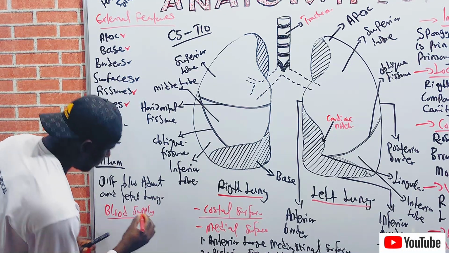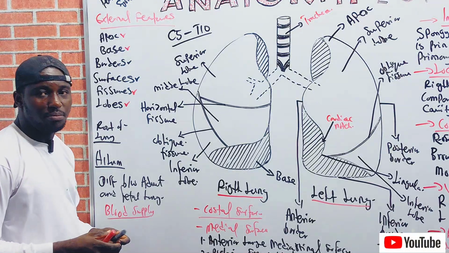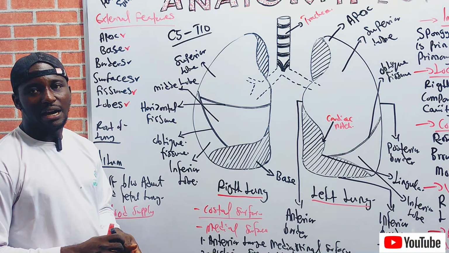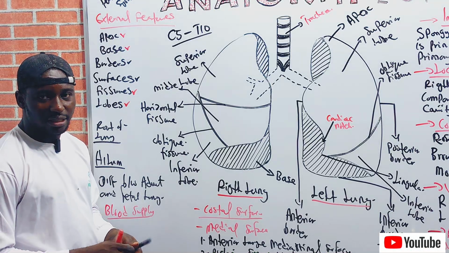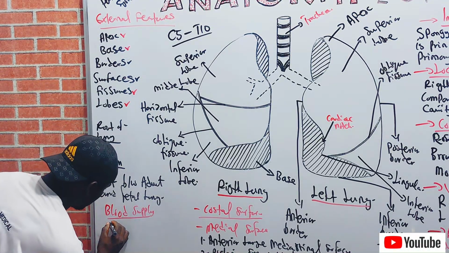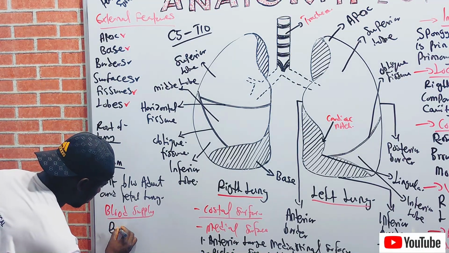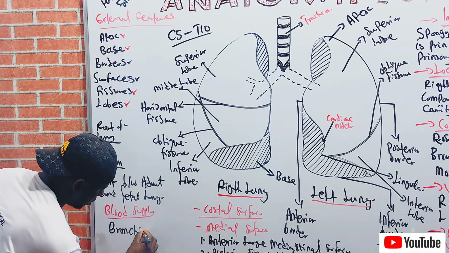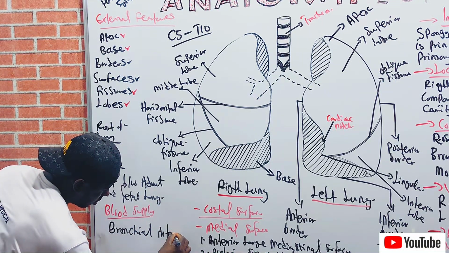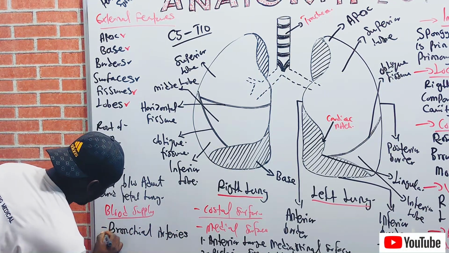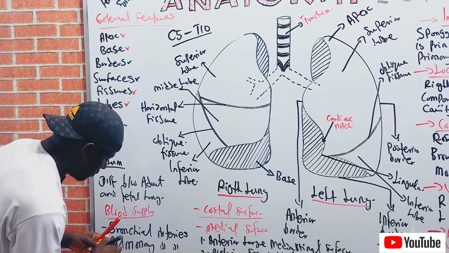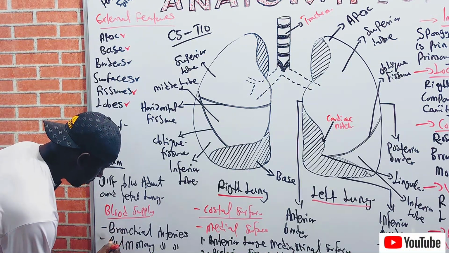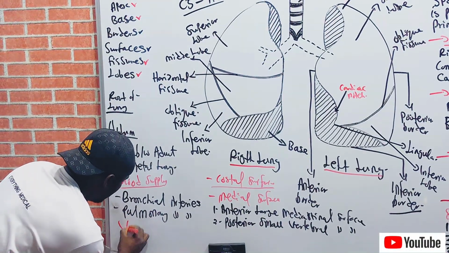Blood supply. The lungs is being supplied by two principal arteries, the bronchial arteries and the pulmonary arteries. Now, the next is the venous supply.